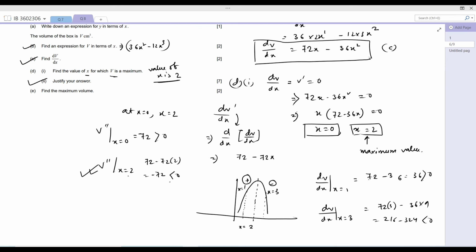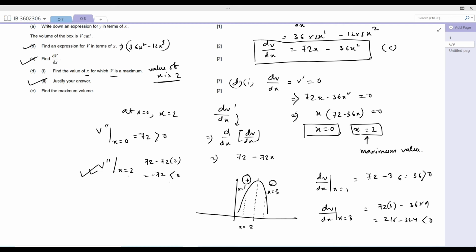At x equals 0, v double dash is greater than 0, and at x equals 2, it is less than 0. Always remember this fact: if v double dash is less than 0 at a critical point, the function has the maximum value there, and at x equals 0 the function has the minimum value.